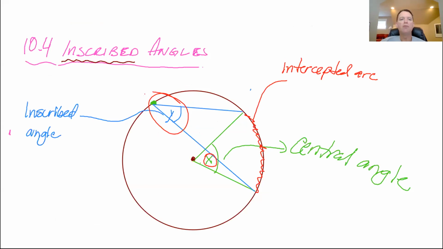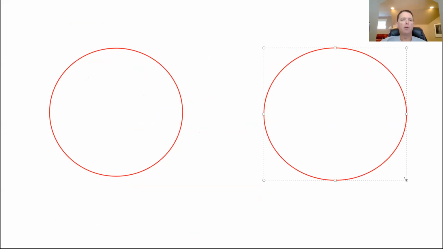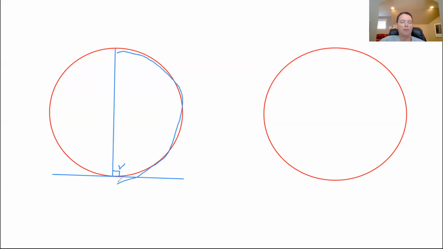So I'm going to give you two very, very simple examples. Draw right here. And the first one is going to be using a diameter and, for lack of a better term, a tangent. So I want you to look very, very carefully at the relationship between this angle and that arc, okay?